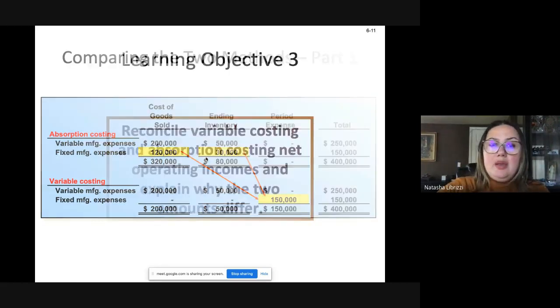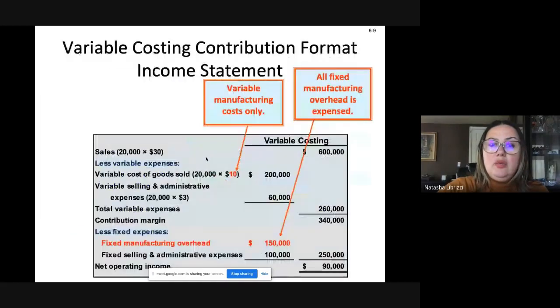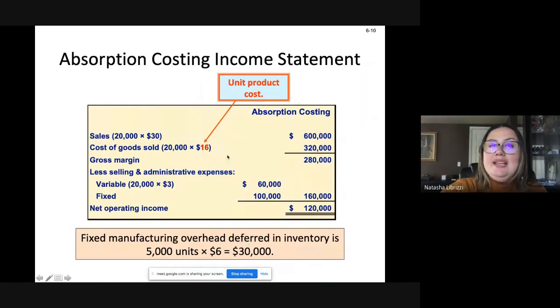Let me go back here. I kind of like looking at it overall. Under this method, I took all my fixed manufacturing overhead, all 150, and used it up right away that year as a period cost. Whereas under absorption costing, I did not. I left that cost of $6 per unit for those 5,000 units sitting on the balance sheet.